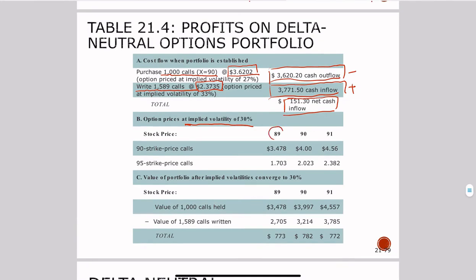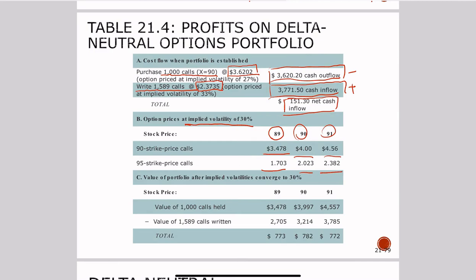For example, for $89 of the stock, you can find out the 90 strike call would be worth this, and the 95 strike call would be worth this. And you could do the same, obviously, for the two other share prices. Right? You could find out all these prices.